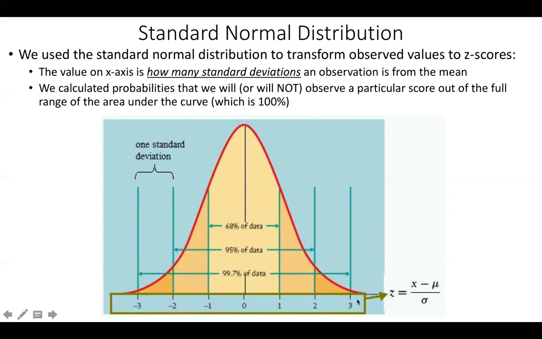In terms of probabilities, this is a 1. Everything adds up to 100%. Every possible observation will fall under this distribution, so it's about figuring out which area of that 100% falls into certain ranges.